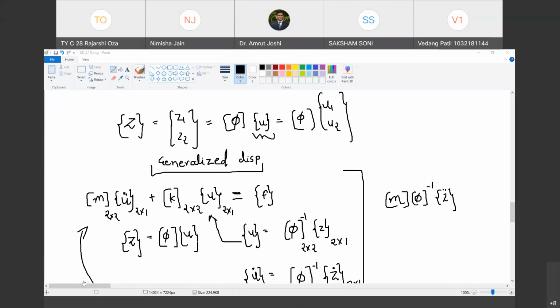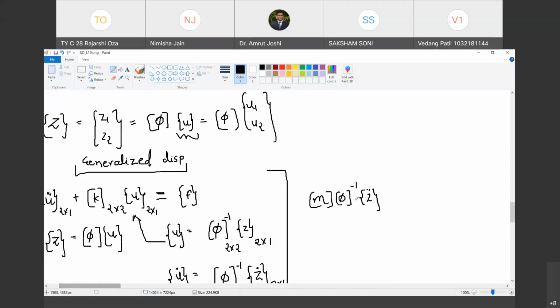Let us follow the standard procedure. Yes, we are on right track, I guess. So m phi inverse z double dot.